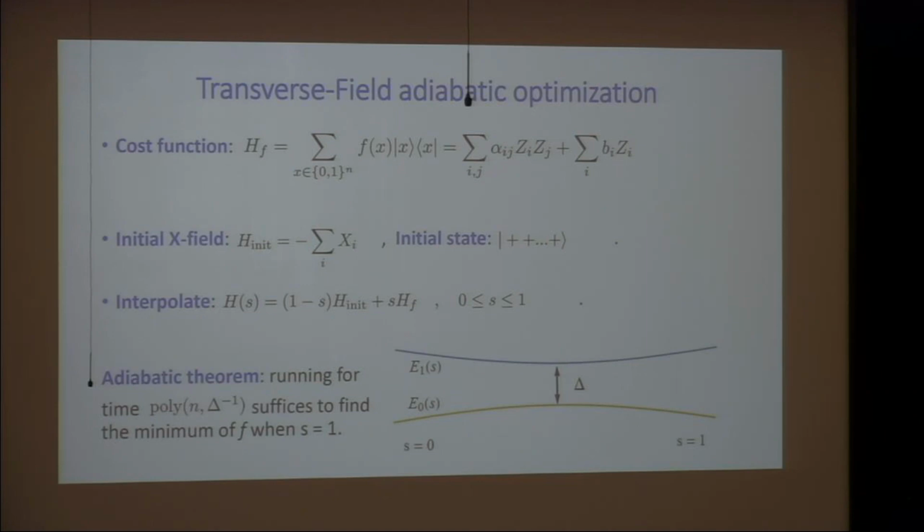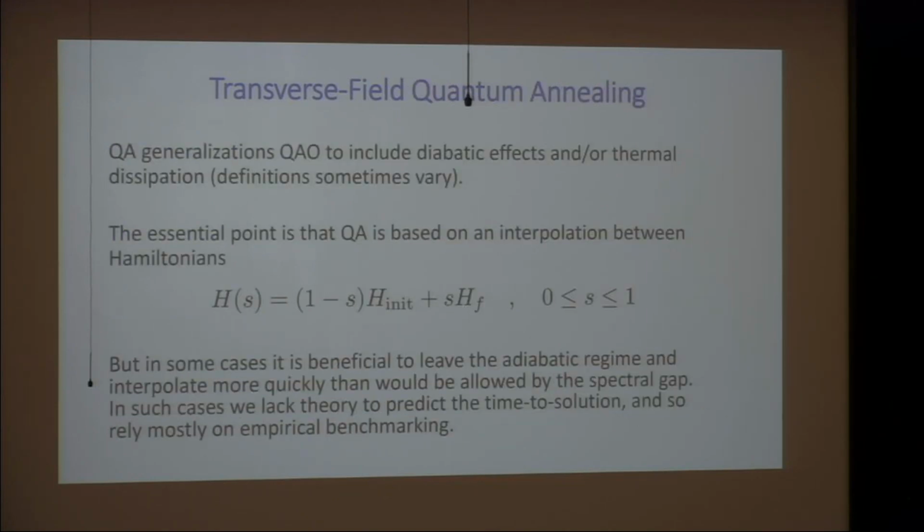So how do we go from adiabatic optimization to quantum annealing? Well, QA generalizes QAO to include diabatic effects and/or thermal dissipation. Definitions in the literature can vary quite a bit, but the essential point is that quantum annealing is based on the same kind of interpolation of Hamiltonians, but you're not required to be at zero temperature, and you're not required to remain in the ground state, and in some cases this can be very beneficial.